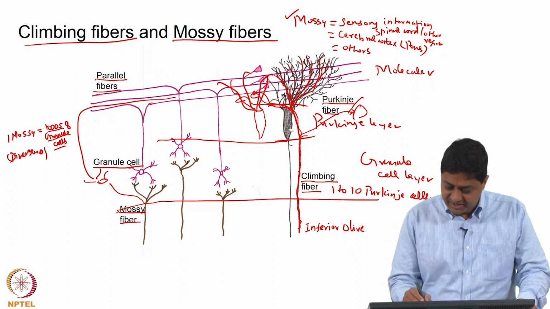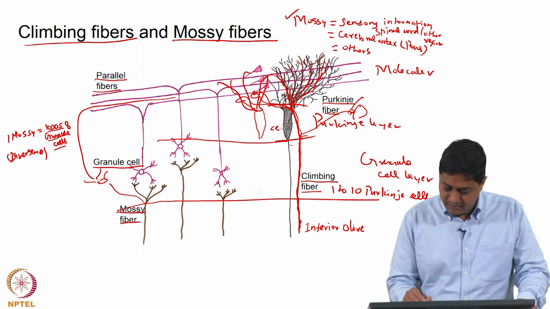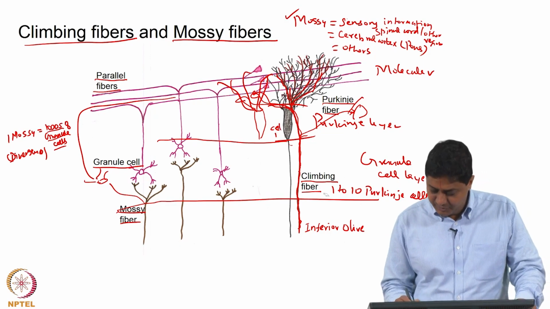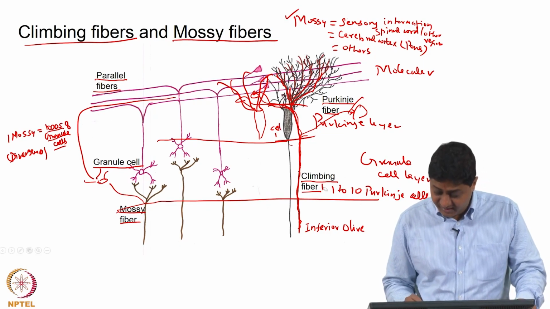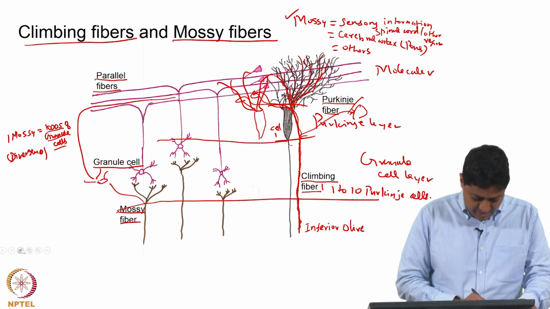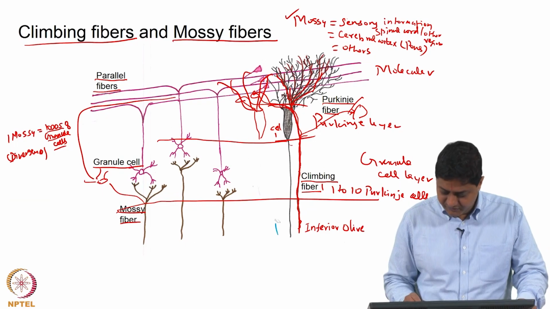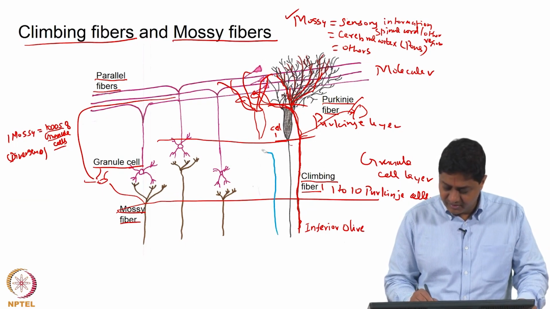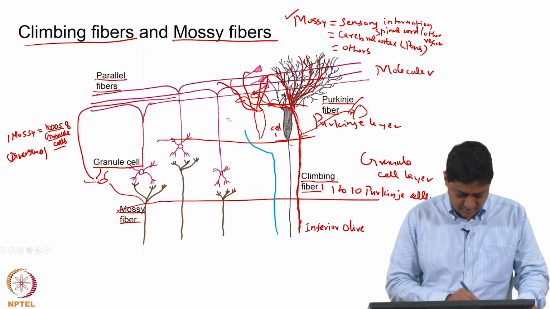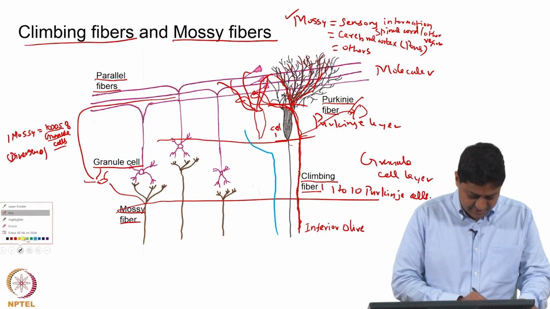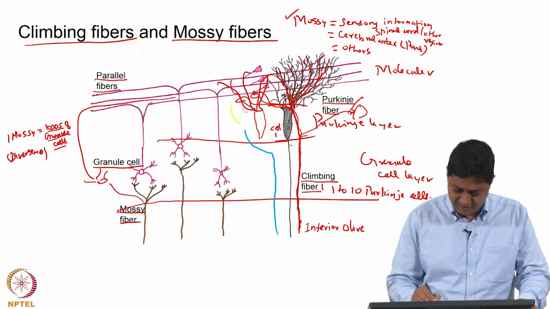But this Purkinje cell, I am going to call it cell 1, receives input only from climbing fiber 1, whereas there might be a different climbing fiber that I am going to now draw in blue for the sake of clarity. This climbing fiber innervates a different Purkinje cell, that I am going to draw in a different color for the sake of clarity, right.